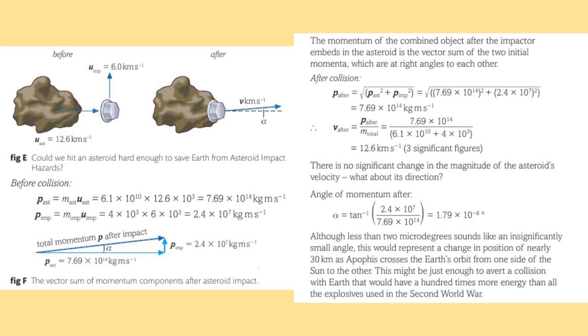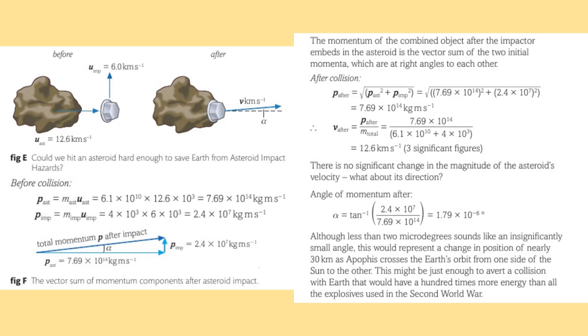That's exactly the same as what it was before. We have made absolutely no difference to its momentum. And if you look at the velocity, it's still 12.6 kilometers per second. We have made zero impact in terms of its momentum and its velocity. And that's not too surprising. We've pretty much thrown a teeny tiny foil cup at a massive boulder.